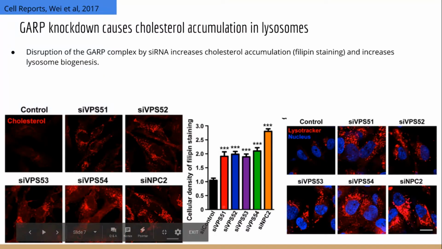So the VPS51, VPS52, 53, 54, all these components of the GARP complex, when knocked down with siRNA, is causing the accumulation of cholesterol. We also see the accumulation of lysosomes, which makes sense because cholesterol accumulates in the lysosomes because it cannot escape from the lysosomes.